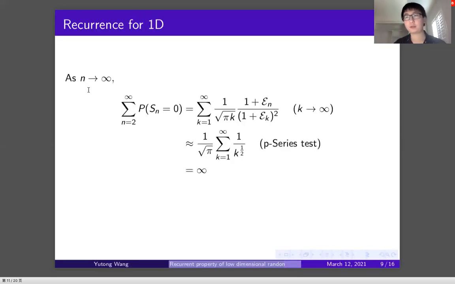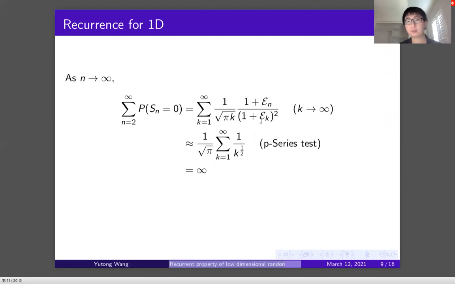Then our goal is to see, when n goes to infinity, whether the sum of the probability converges or diverges. In this case, when n goes to infinity, k also goes to infinity. So we can see epsilon n and epsilon k will eventually go to 0.